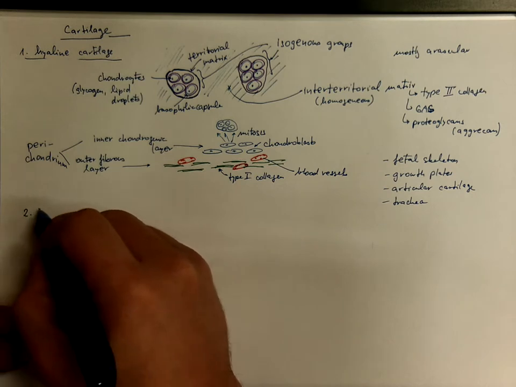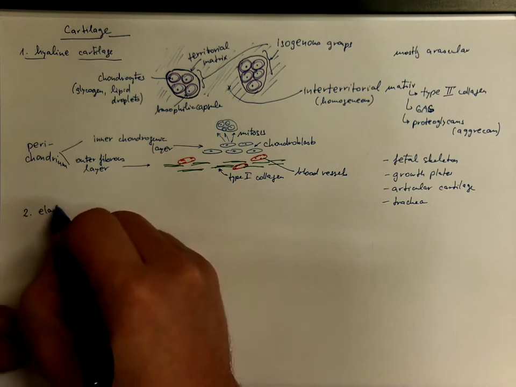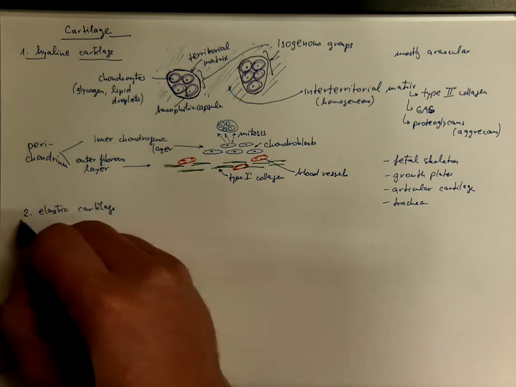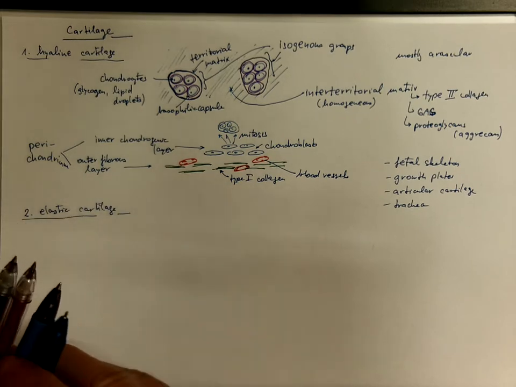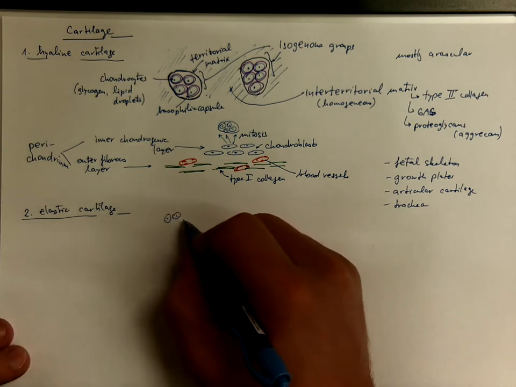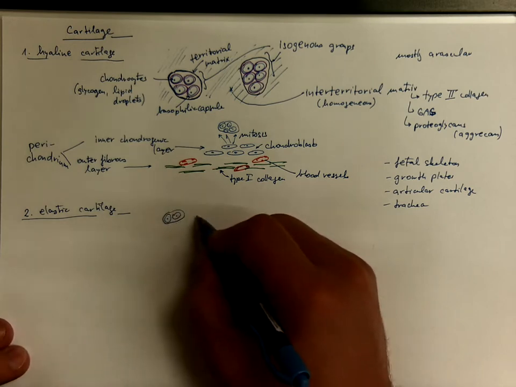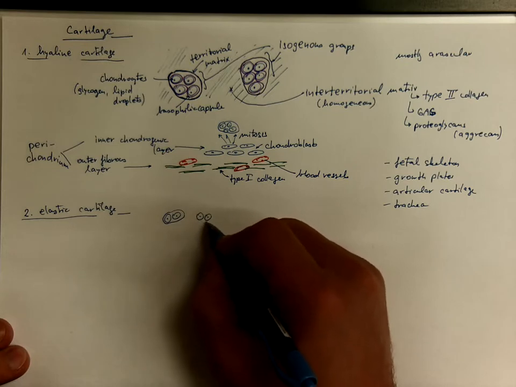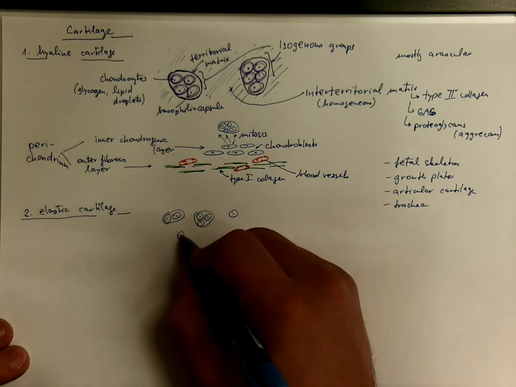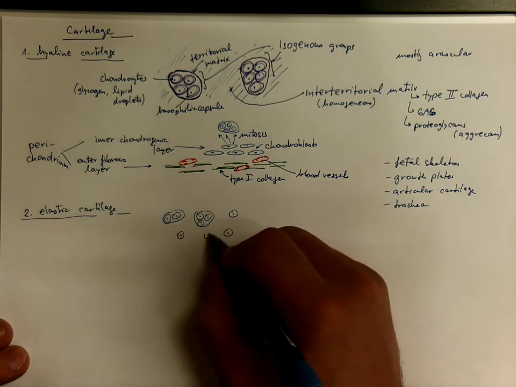Another type would be elastic cartilage. The similar thing is that we got chondrocytes also in these isogenous groups, but often they occur also as individual cells.